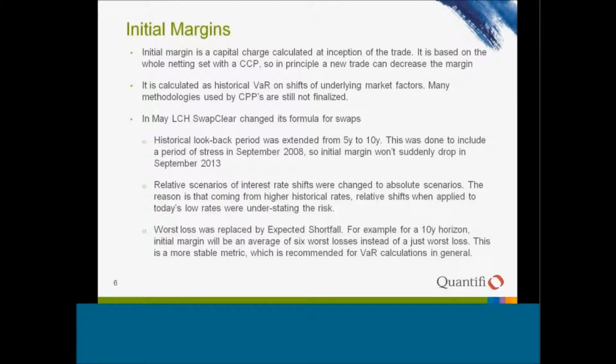Before, if you have a 10-year history, you were just taking one worst loss during these 10 years. Now it's replaced with the average of 6 worst losses instead of just one worst loss. And this is a much more stable metric, which is recommended for VaR calculations in general, not only for CCPs.